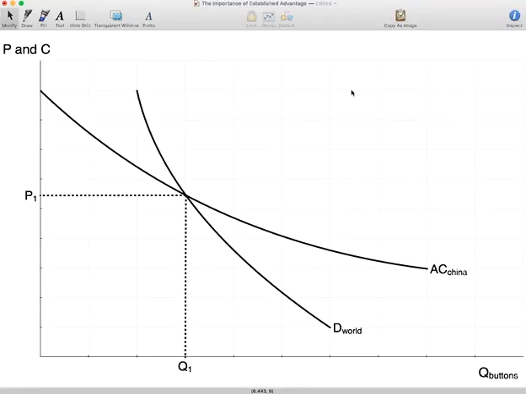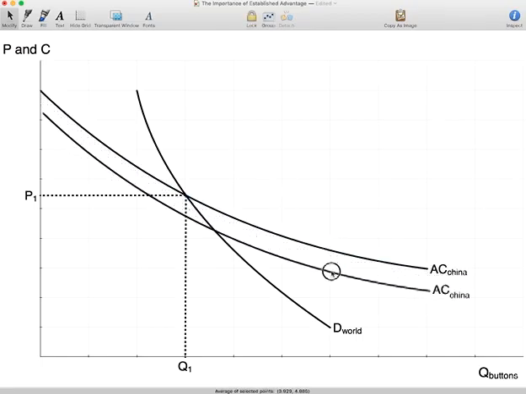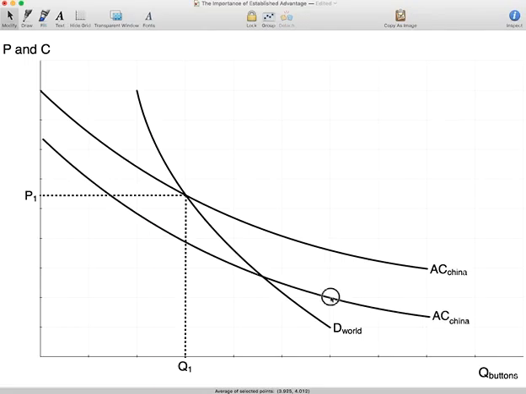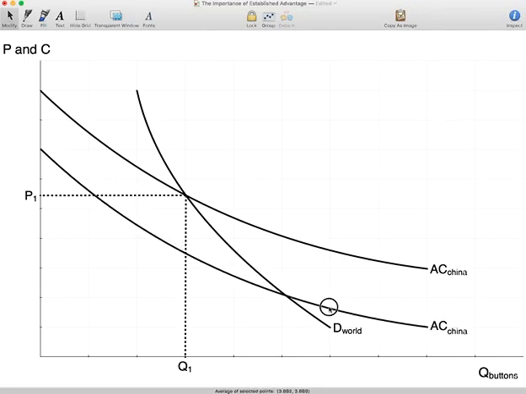Let's assume that there's another country that can produce buttons and that they are more efficient at producing buttons. Let me copy this, and here is another country's average cost. So their average cost of production is less than China.